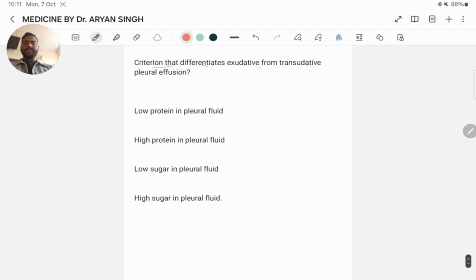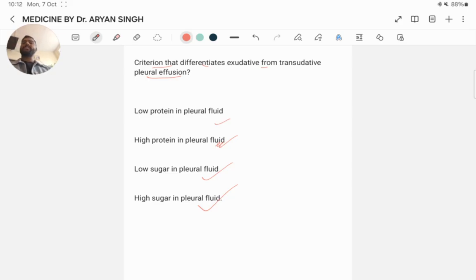Criterion that differentiates exudate and transudate pleural effusion: low protein in pleural fluid, high protein in pleural fluid, low sugar in pleural fluid, or high sugar in pleural fluid. Here the answer is high protein in pleural fluid, because transudative pleural effusion occurs due to the imbalance between hydrostatic and oncotic pressure that causes increase in pleural fluid in the interstitial space.